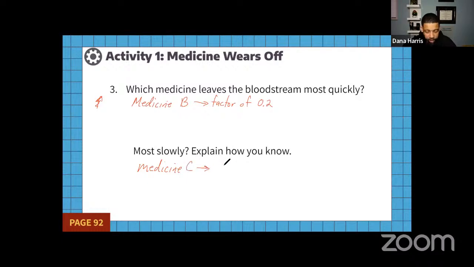Because it had the largest factor. So it has a factor, how do I erase this? Of 4/5, which is 0.8.